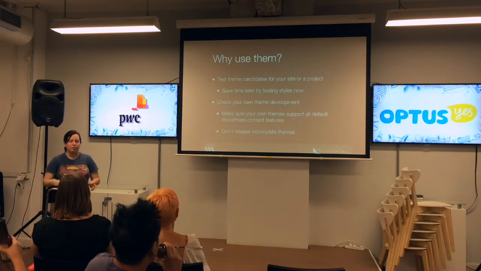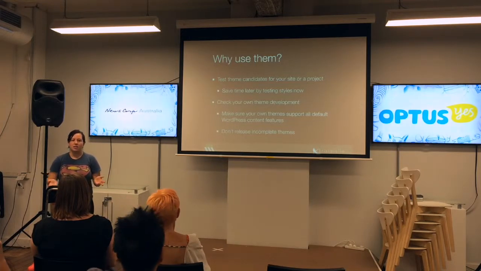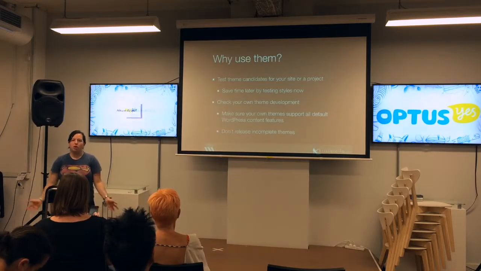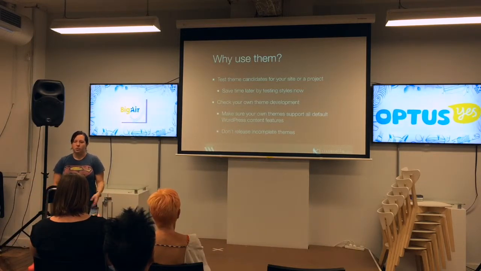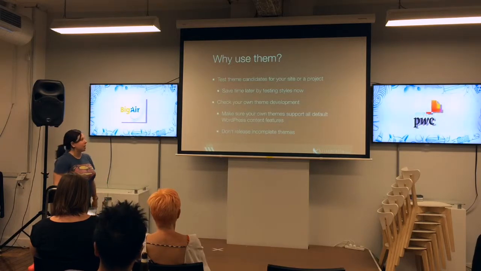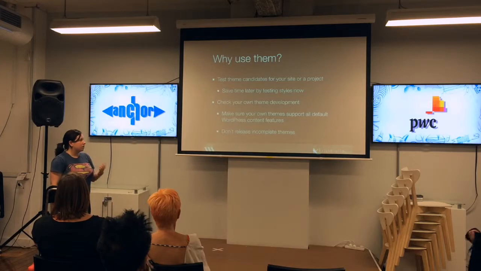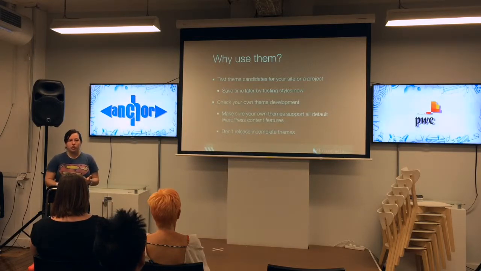Instead of using it for 6 months and finding out that it doesn't have styles for lists or block quotes, or it looks really horrible with videos embedded, or has really terrible galleries, something like that. And then also you can use it to check your own theme development.